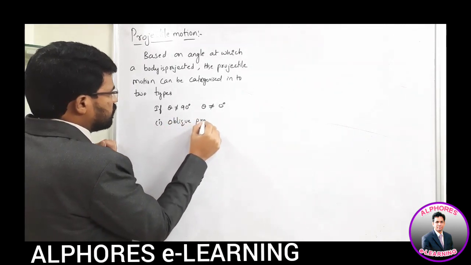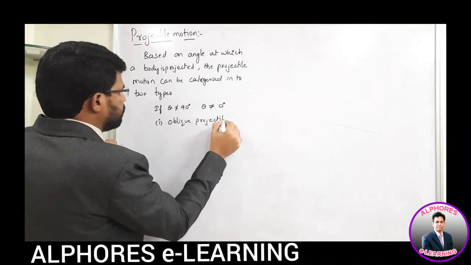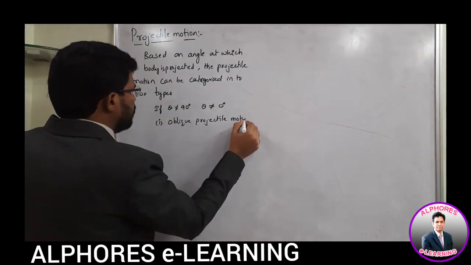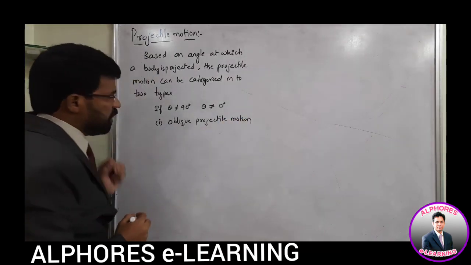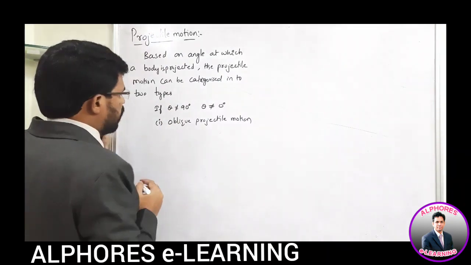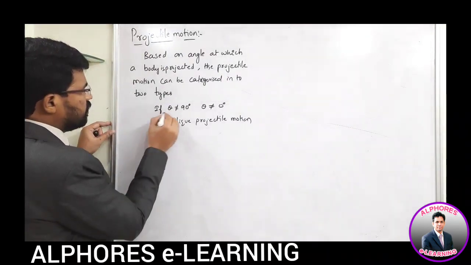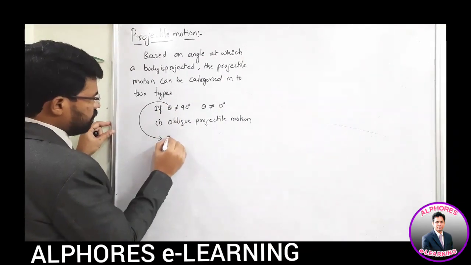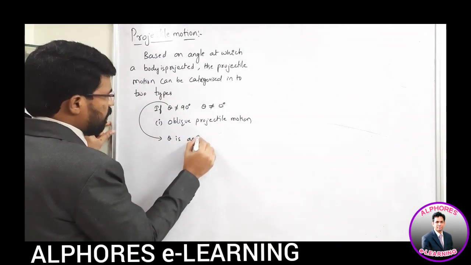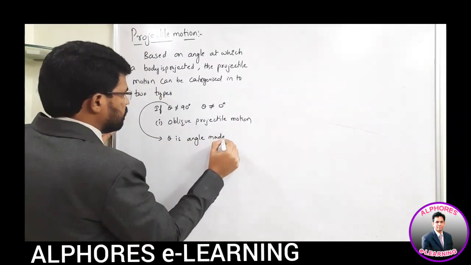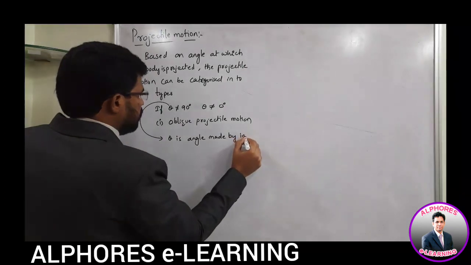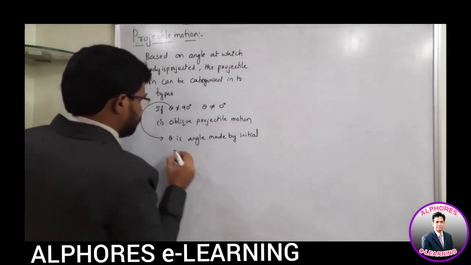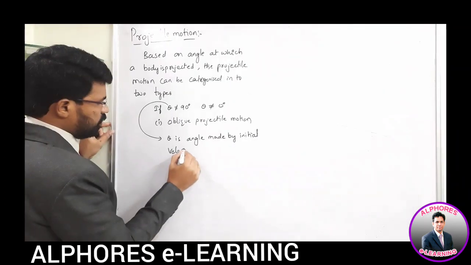Oblique projectile motion. Here, whatever theta is there, it is the angle made by the initial velocity of the object with the horizontal.